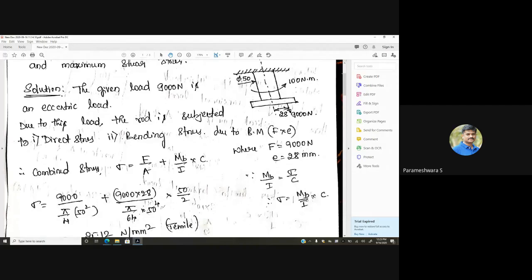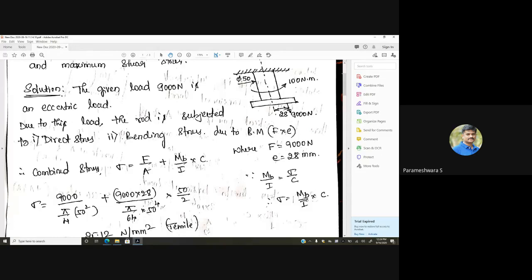So the combined stress due to this 9,000 newton load is the normal stress, F by A, plus the bending stress. This 9 kilonewton will have two effects. It creates a direct stress, F by A. In addition, it will also create a bending stress given by M_b by I into c, taken from the bending equation.